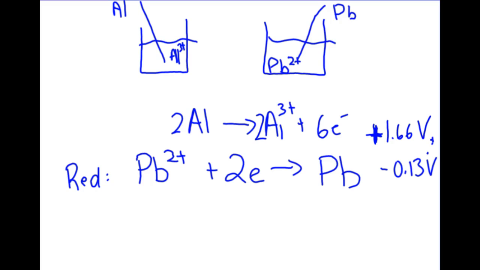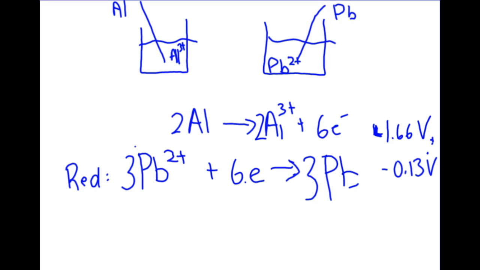What are you going to have to multiply the reduction equation by? If I do that, I then have 3 parts Pb2 positive plus 6 electrons, three parts lead.